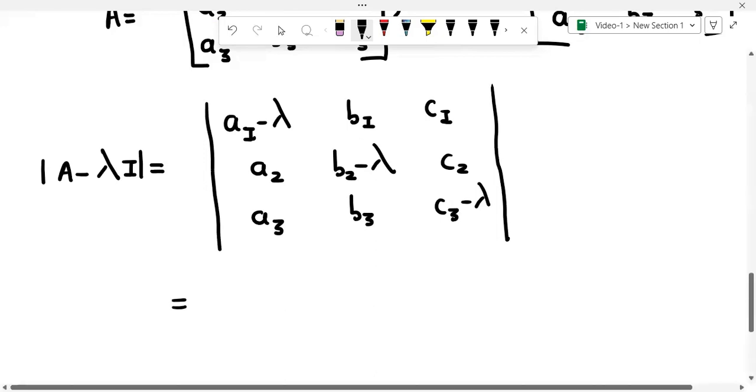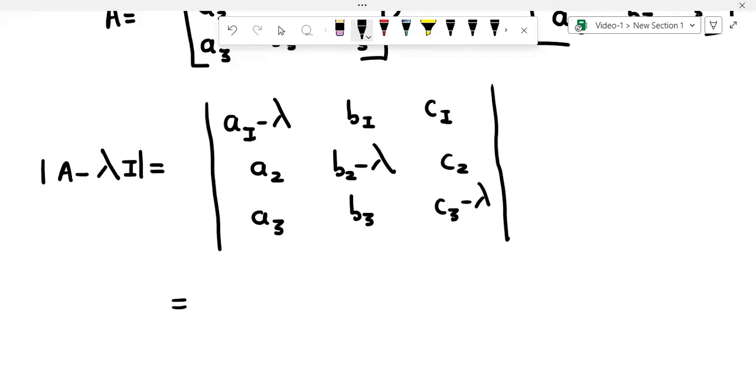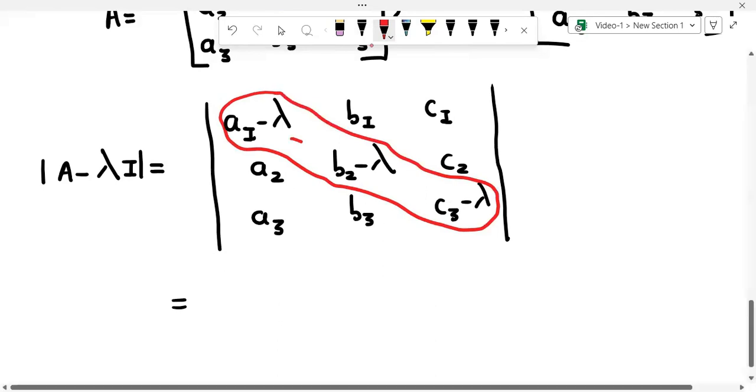As you can see, this determinant can be expressed as a polynomial of lambda, and the highest power of lambda that you can obtain in this determinant will be 3, and that is obtained through the principal diagonal, the leading element, the product of these 3 elements.